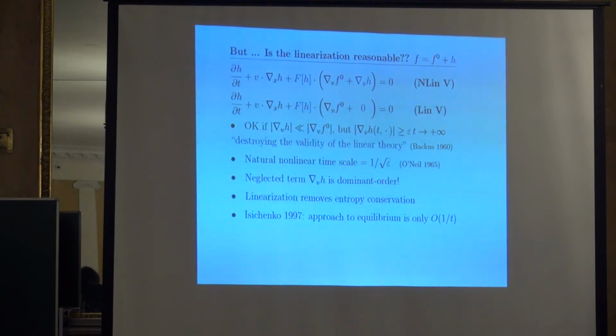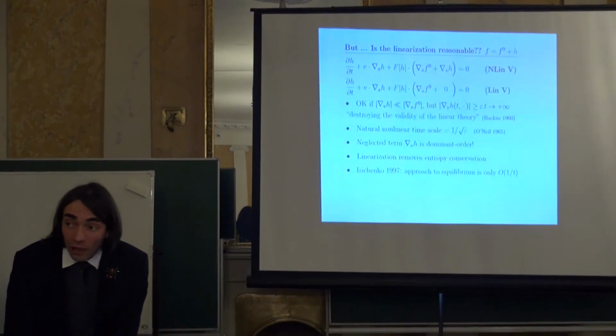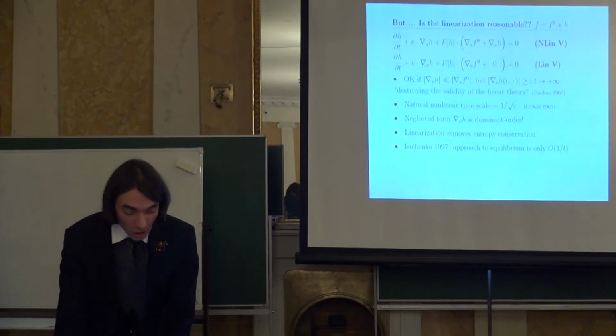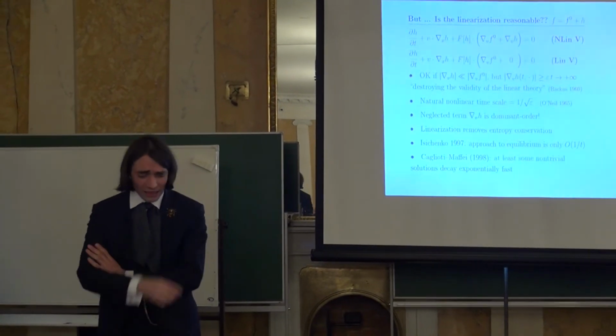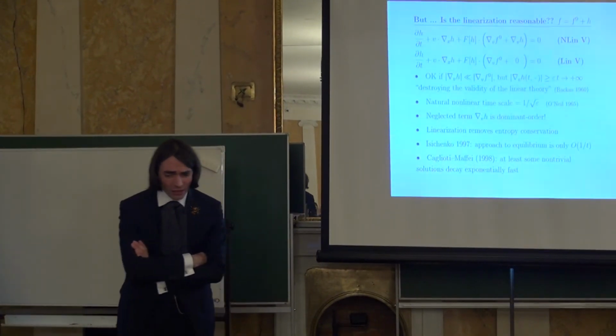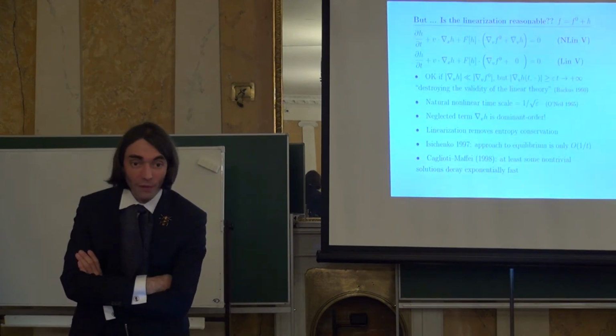In fact, it was argued by Isichenko in a paper of 1997 that the approach to equilibrium should be very slow for the nonlinear equation, while it is very fast for the linearized equation. And almost at the same time, this was kind of contradicted by Caglioti-Maffei, constructing some non-trivial solutions decaying exponentially fast.